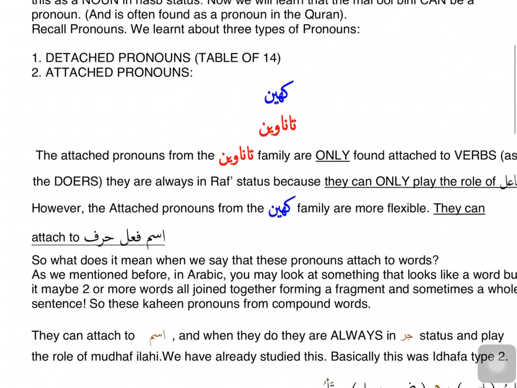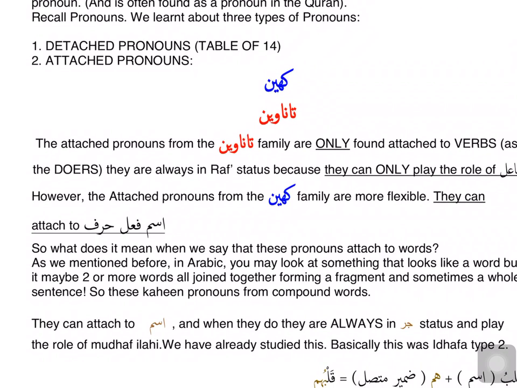To understand that, we want to revise what we have learned about pronouns so far in our studies. We said that pronouns, damair, are of two types in Arabic: detached, damair munfasila, or attached, damair muttasila. Detached means that the damir is a separate standalone word.